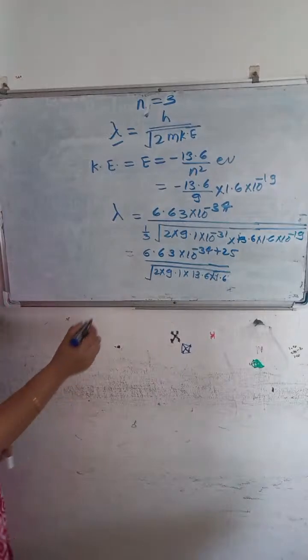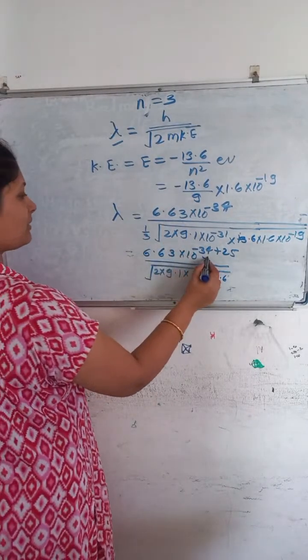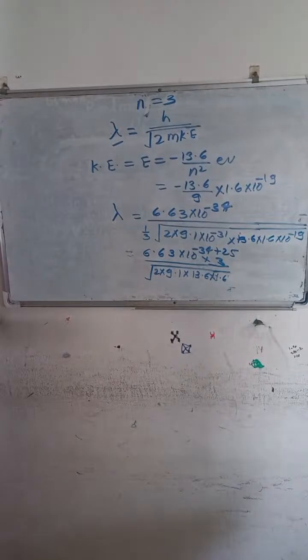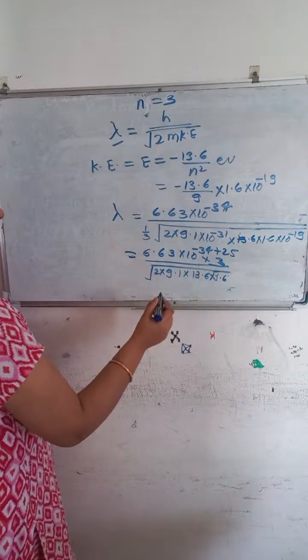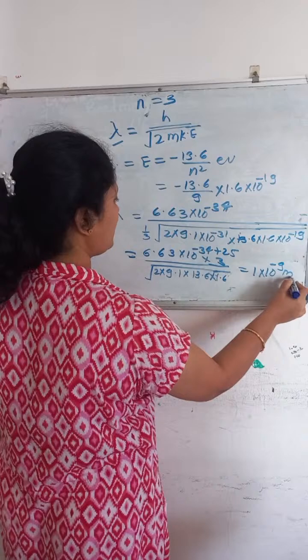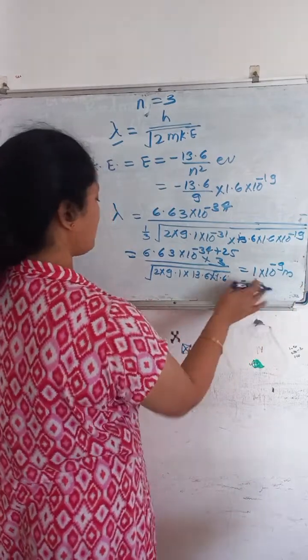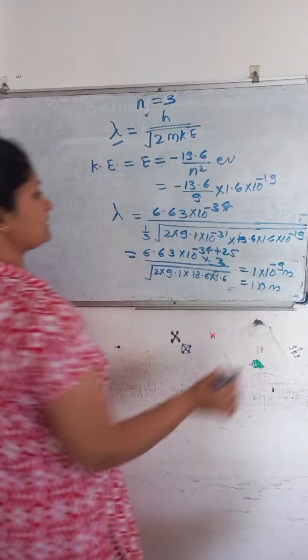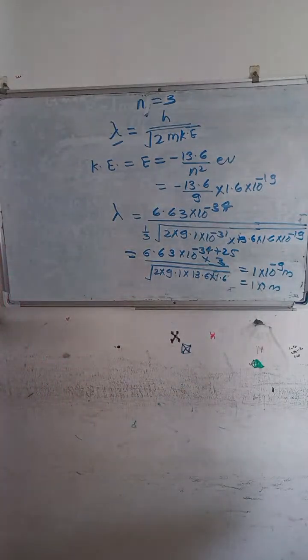Now simplify this; 1 by 3 is there, take the reciprocal, multiply by 3, do the calculation and find the answer. If you calculate the wavelength, you will get approximately 1 into 10 raised to minus 9 meter, or 1 nanometer is the answer. This is the answer for this question.